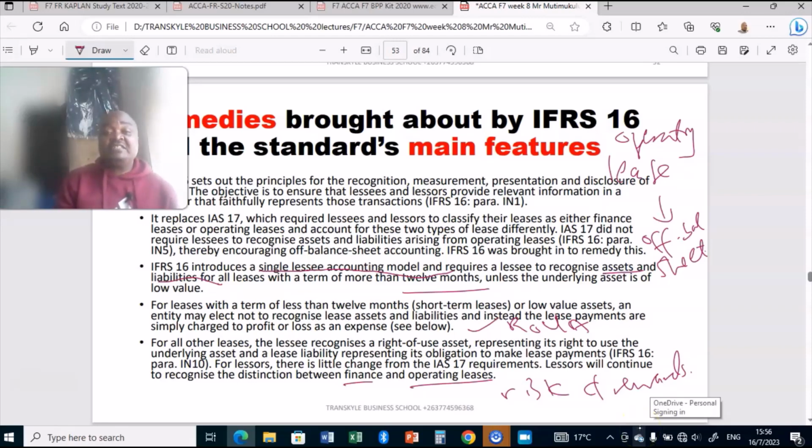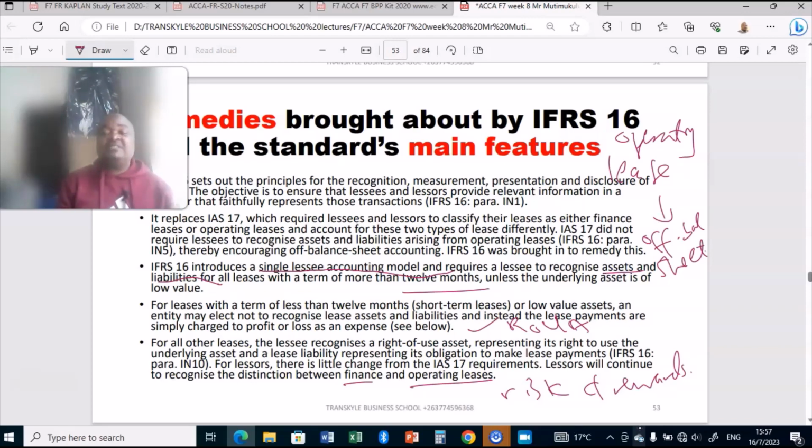In a finance lease, the risks and rewards tied to the use of the asset rest in the lessee. The tenant bears all the risks and rewards. Whereas in an operating lease, the owner or the landlord bears all the risks and rewards in relation to the use of the asset. So that's the main difference.